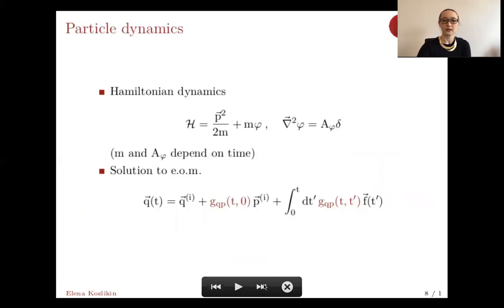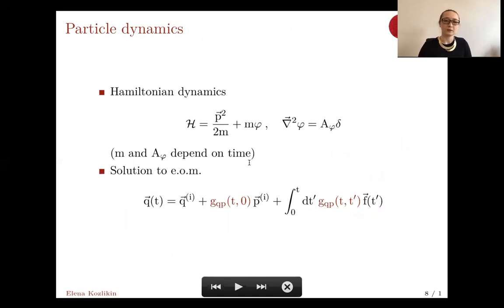So let's see what these particle dynamics actually look like. Since we're dealing with classical particles that interact gravitationally, we have this nice Hamiltonian here. This describes just the free motion, plus here you have the potential part, where the potential is given by the usual Poisson equation.